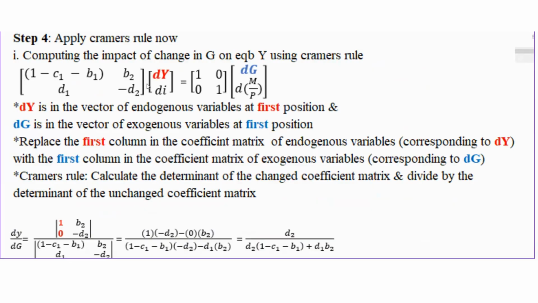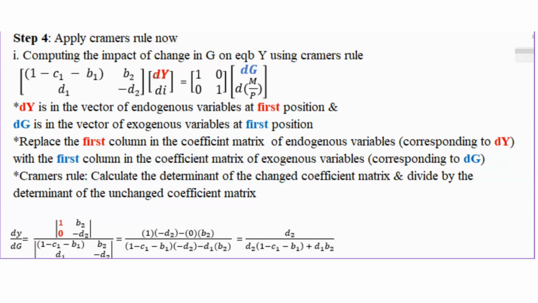For this we see that dy is in the vector of endogenous variables at first position, and dg is in the vector of exogenous variables at first position. Because now we know our new endogenous variables are the differentials of our endogenous variables, and our new exogenous variables are the differentials of our exogenous variables.